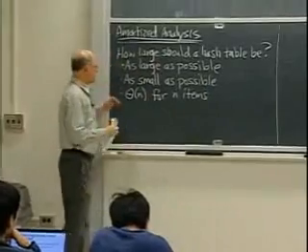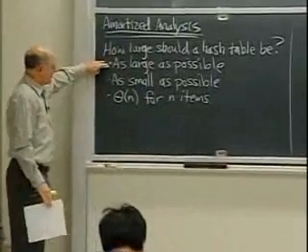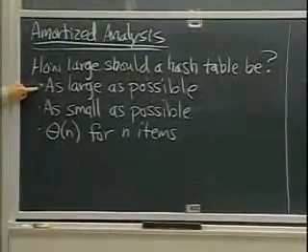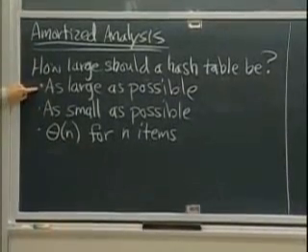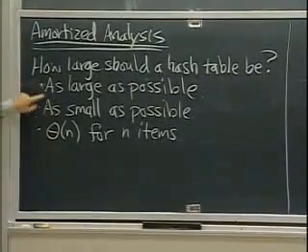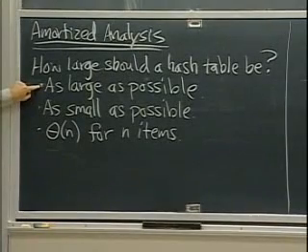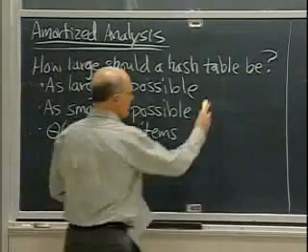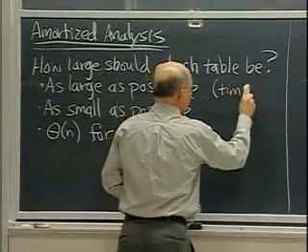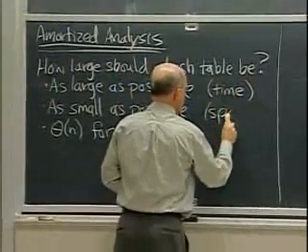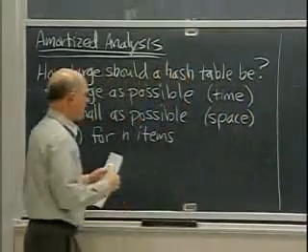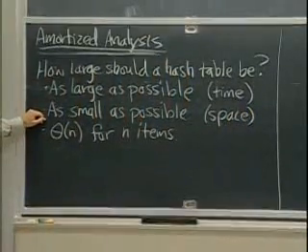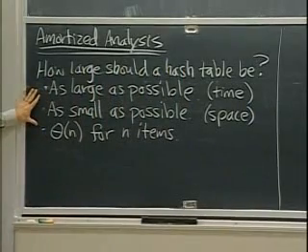Because making it larger than order n, the payoff in search time is not worth the extra amount of space that you're paying. Or at least you can view it that way.